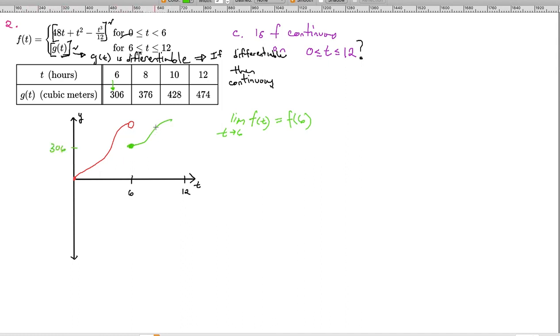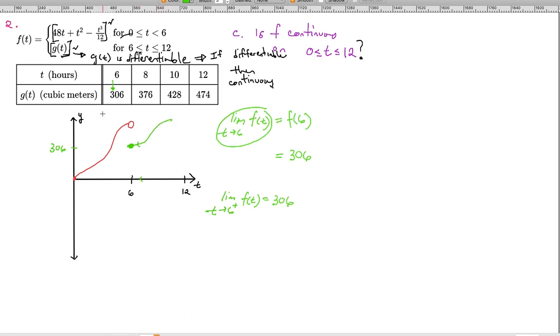And then I could compute the limits. I could say limit as t goes to 6. I'm investigating this now. I know f of 6 is 306. I know that if I come to 6 from this side, since g is continuous, the limit as t goes to 6 from the right of f of t is indeed 306.